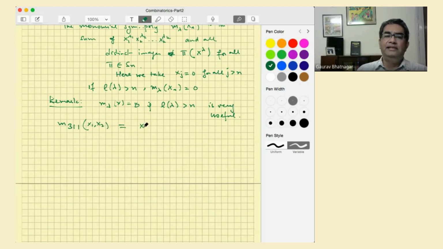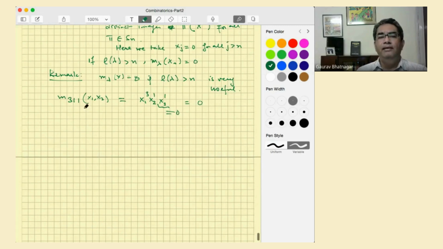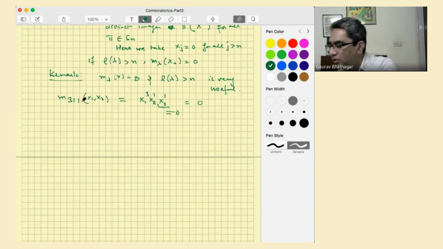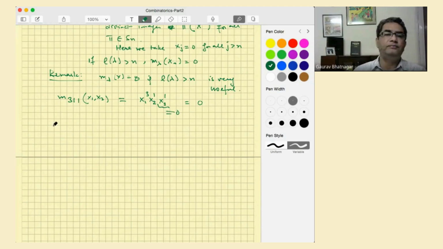Then I'll start with x1 raised to power 3, x2 raised to the power 1. Then I need something raised to power 1, but this is 0. So I'll get 0. This is the idea. So I'm restricting to length of lambda smaller than or equal to n.